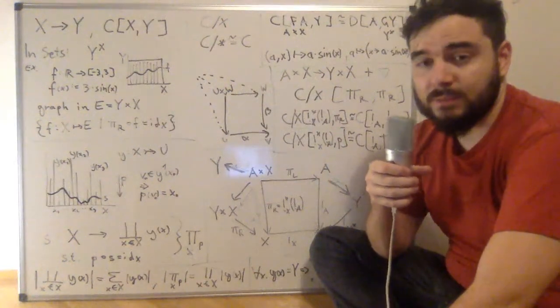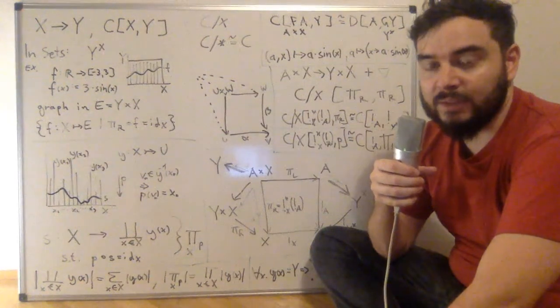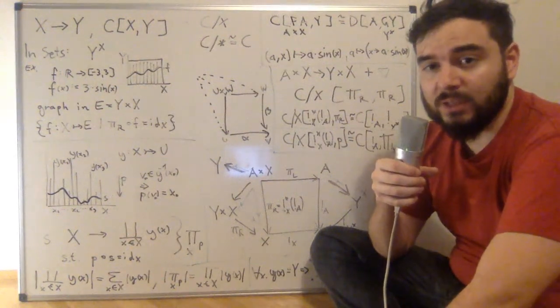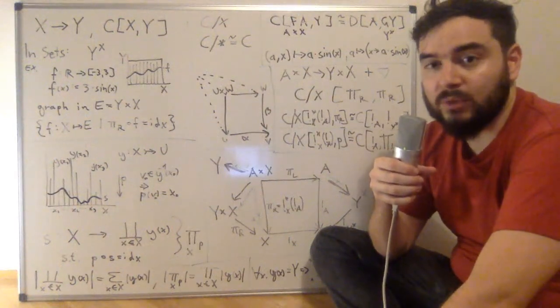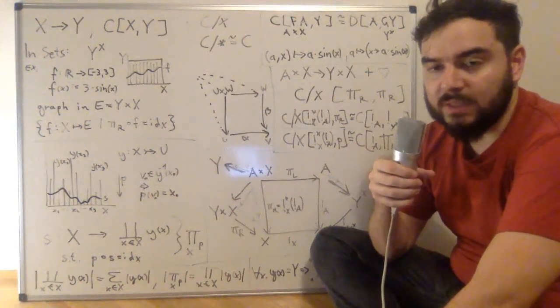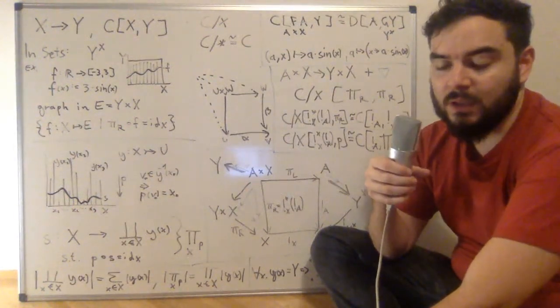Hello boys and girls. In this video we're going to discuss the category theoretical definition and characterization of the dependent product, or the dependent product functor really. That's the same dependent product that gives dependent type theory its name.